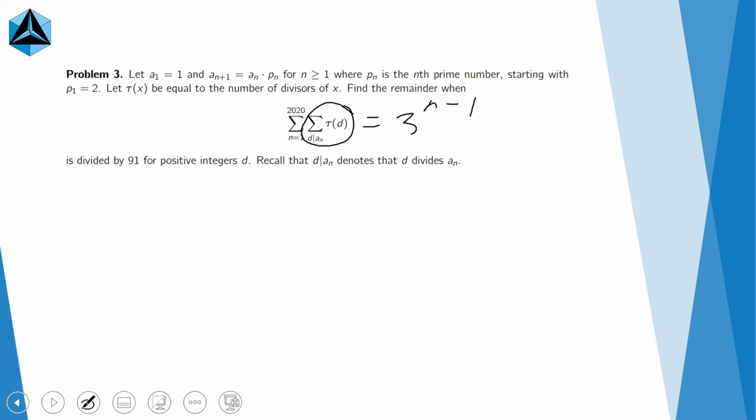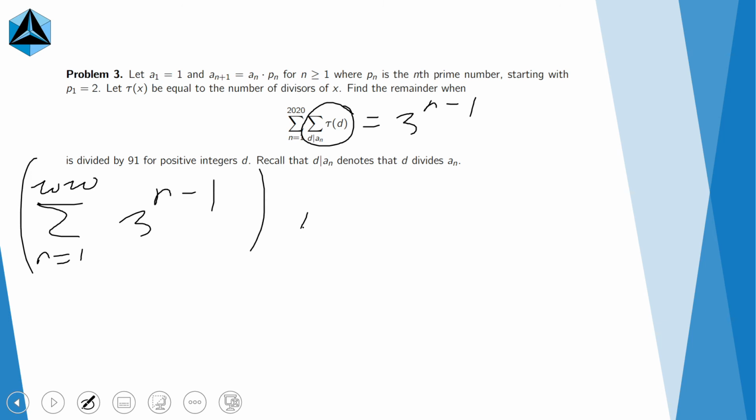So what remains for us is to evaluate the sum from n equals 1 to 2020 of 3 to the n minus 1, taken mod 91. This is actually just a finite geometric series.